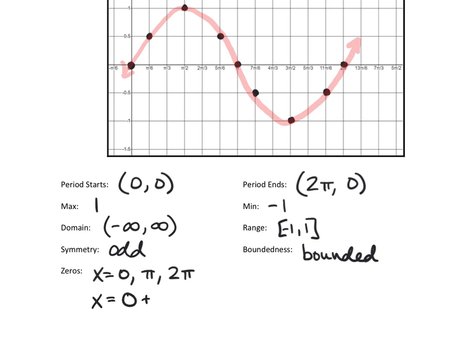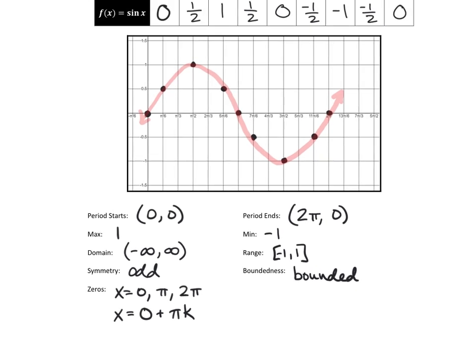So how far did it take me on the x-axis to go from the first zero to the second? What is this distance? Pi. So I'm going to add pi times a multiple that I'll name k. Depending on what k you plug in, you're going to find a zero at that point for this graph, because every time there's a multiple of pi, it's going to cross the x-axis.